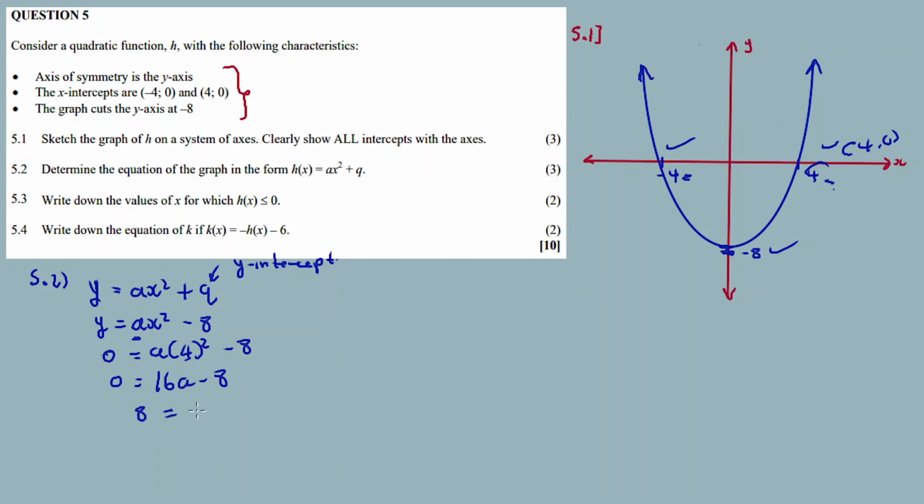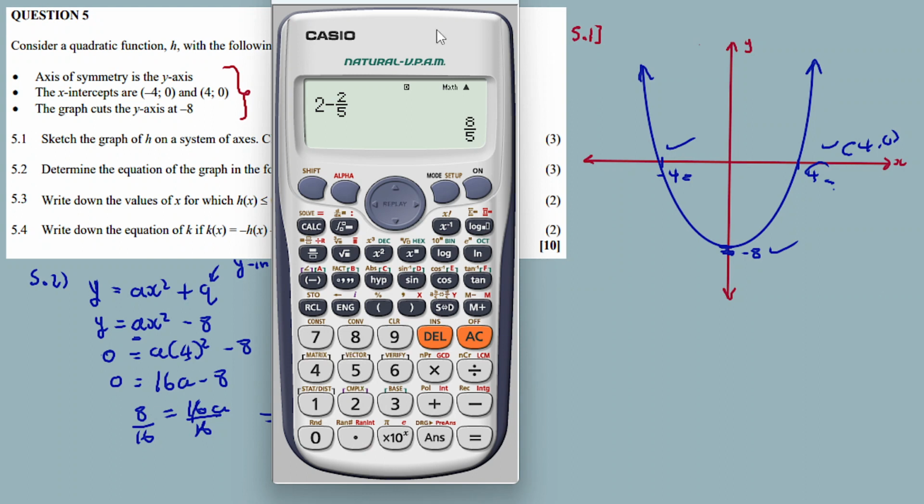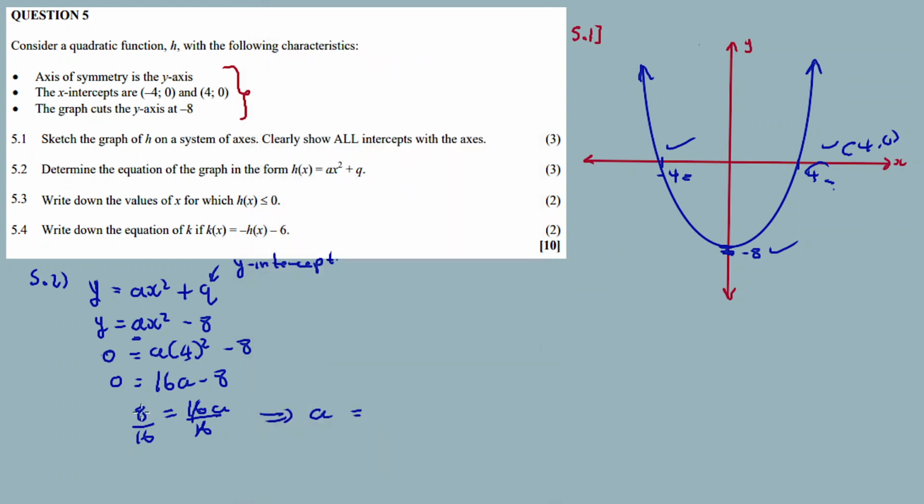Transpose 8: 16a = 8. Divide by 16: a is equal to 8 over 16. 8 divided by 8 is 1, 16 divided by 8 is 2. So a is 1 over 2, therefore y is equal to 1 over 2 x squared minus 8.